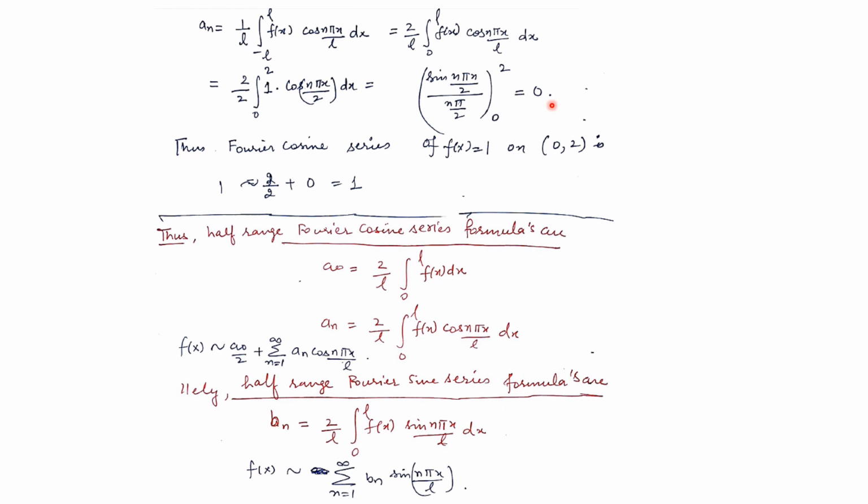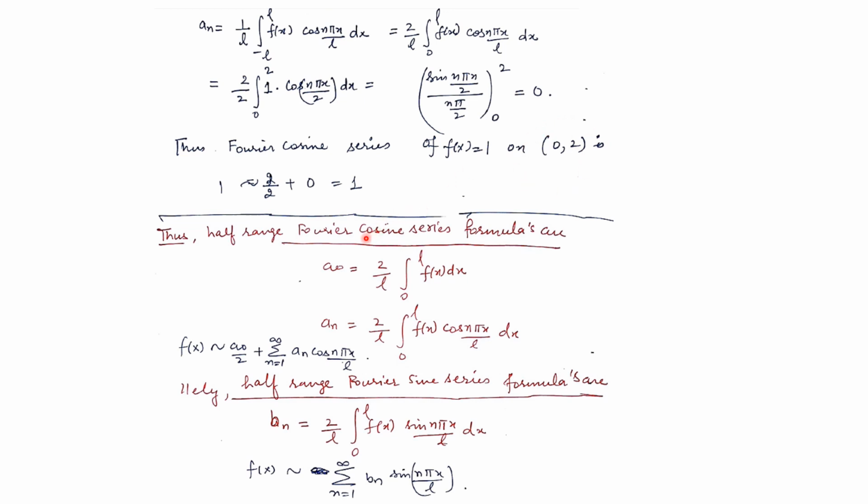No need to find the value of bn because we have to obtain the Fourier cosine series. So bn's are always 0 in this case. Now just substitute the values of a0 and an in the series. We will get the Fourier cosine series of 1 over the interval 0 to 2.